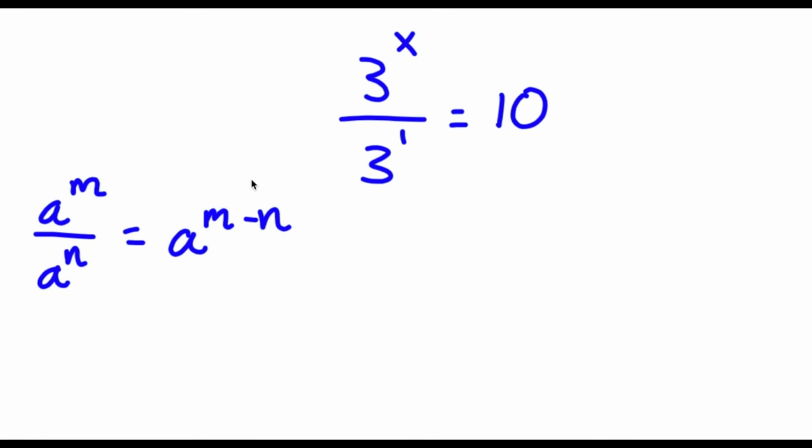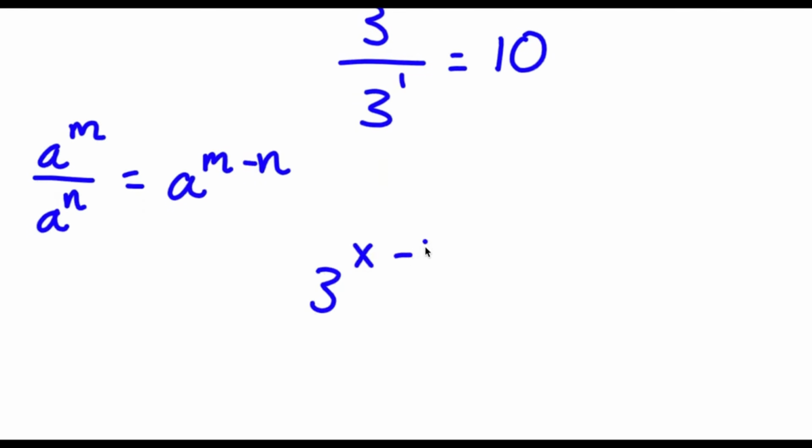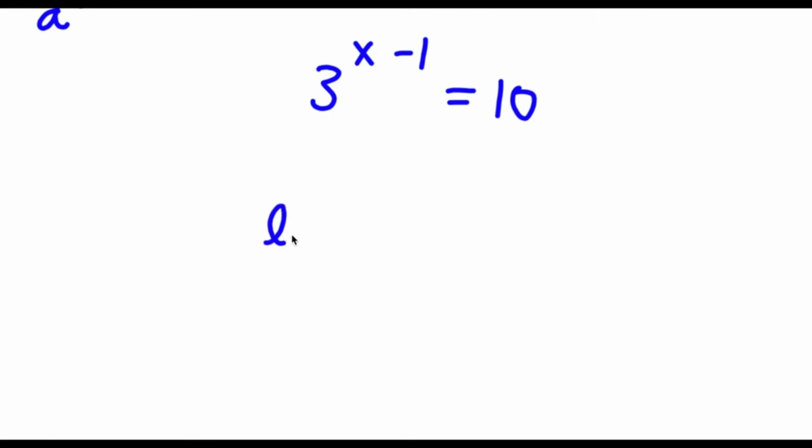So, in this case, we have 3 to the power of x over 3 to the power of 1, and this is going to equal 3 to the power of x minus 1 is equal to 10. So now, to solve this, I'm going to take the log on both sides. So now I have log 3 to the power of x minus 1 is equal to log 10.